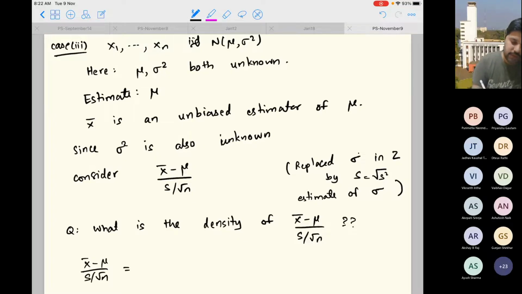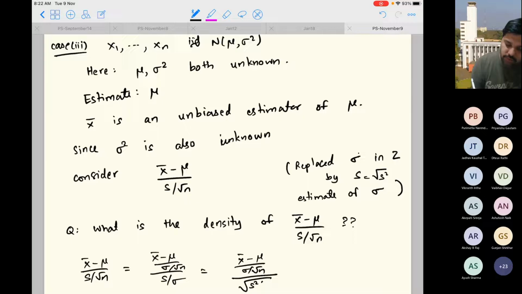So you can see that for x bar minus mu divided by s by root n, I can actually write this down: x bar minus mu, I can divide by sigma, and write this as x bar minus mu divided by sigma by root n, over s by sigma, which is the square root of s square by sigma square. Okay.